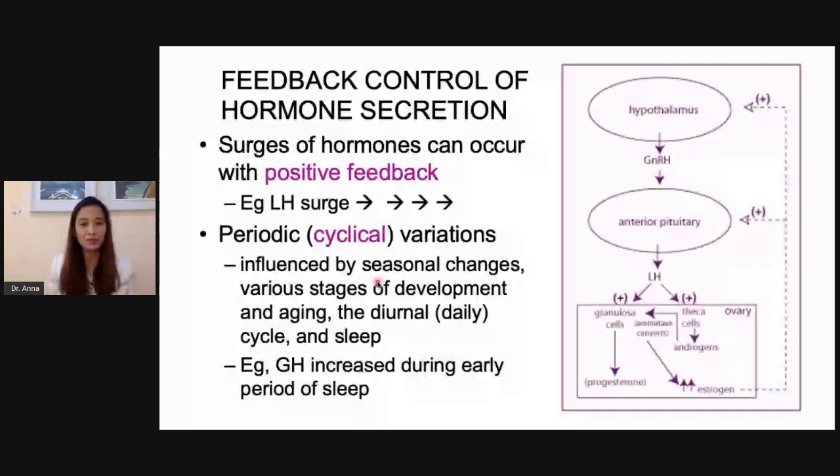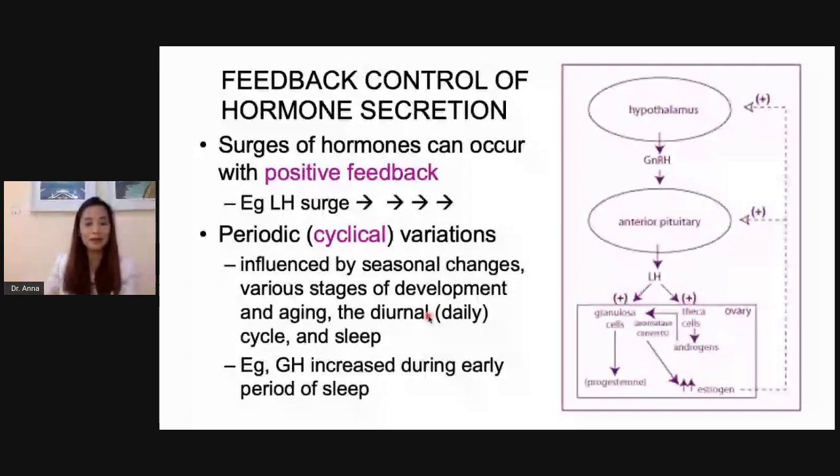Aside from that, various stages of development, such as whether you are in the neonatal period, infancy, or childhood, or your teenage or pubertal years, or adulthood and into aging, can affect your levels of hormone secretions. Even the diurnal pattern can also affect feedback control. So I'll discuss it in a couple of slides.